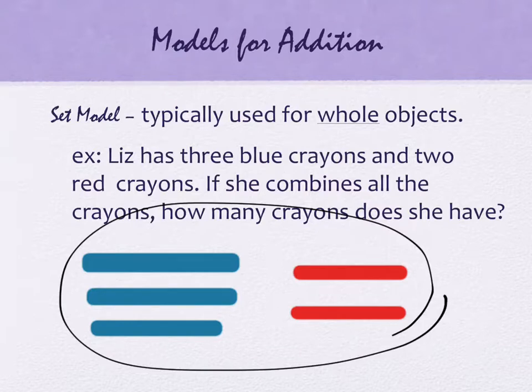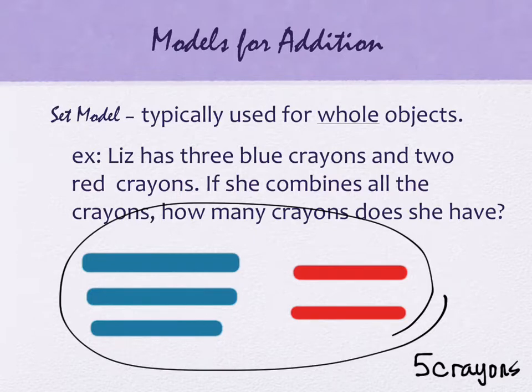And the answer is 5 crayons. This is a set model. It doesn't matter how big the crayon is, it's still called a crayon, right? When the kids break the crayons in half, it's still called a crayon.